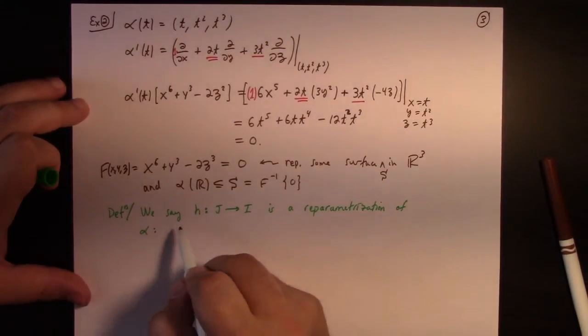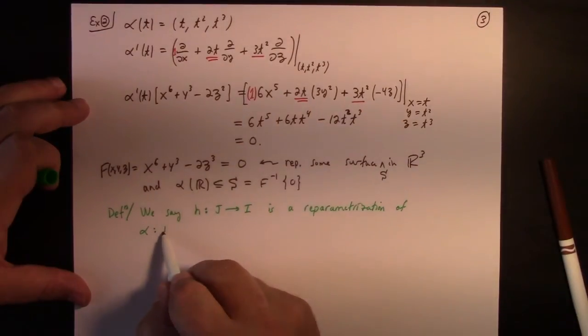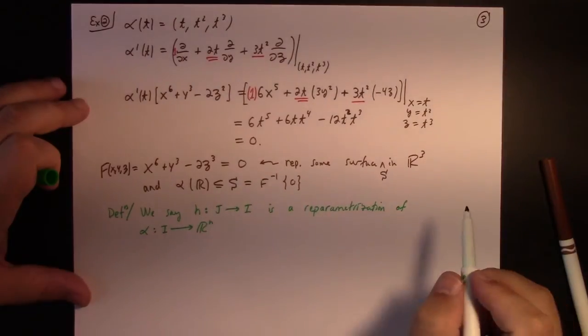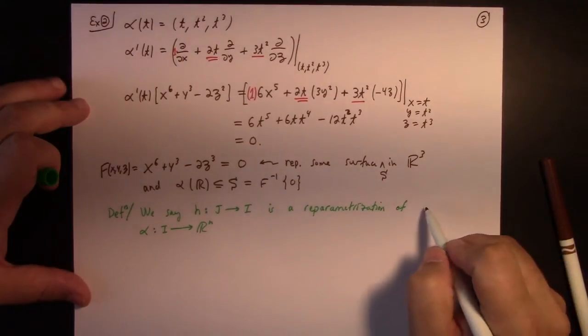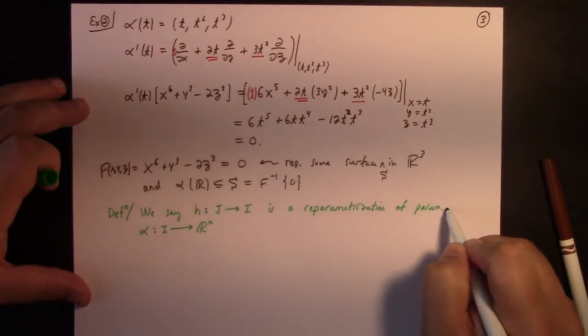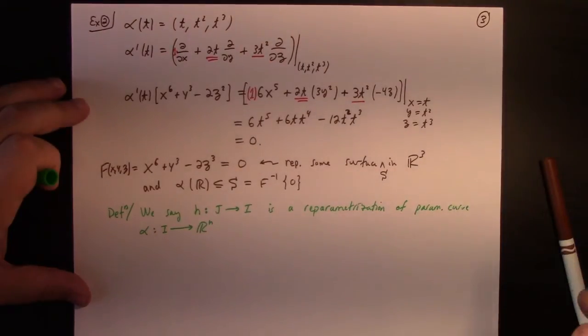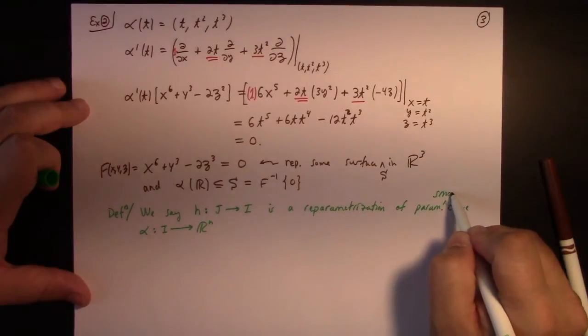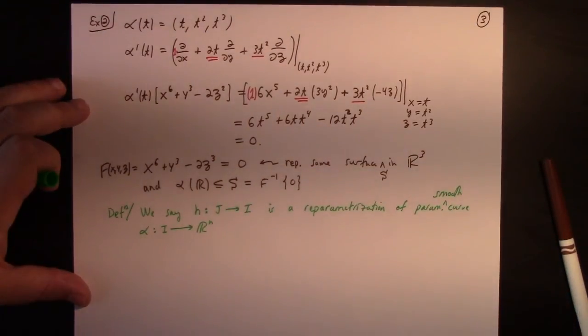Alpha, let's say a smooth curve which has domain I, is the reparametrization of the parametrized curve. And again, I'm assuming smooth. Sometimes I forget to say it, but parametrized smooth curve alpha.